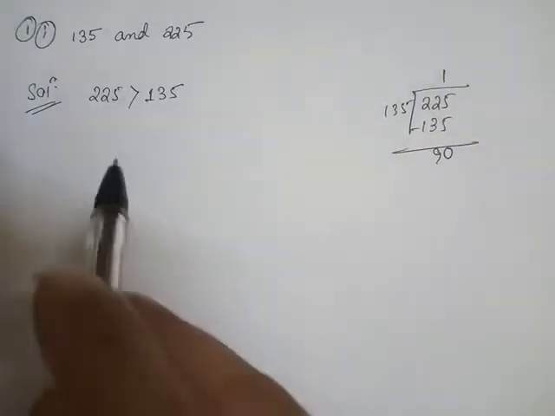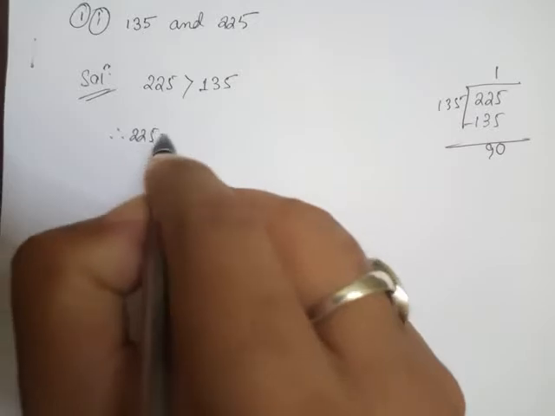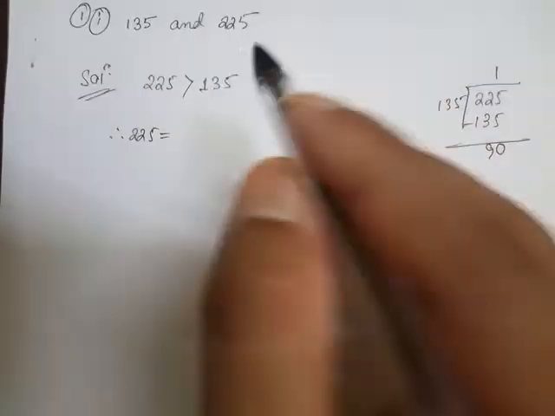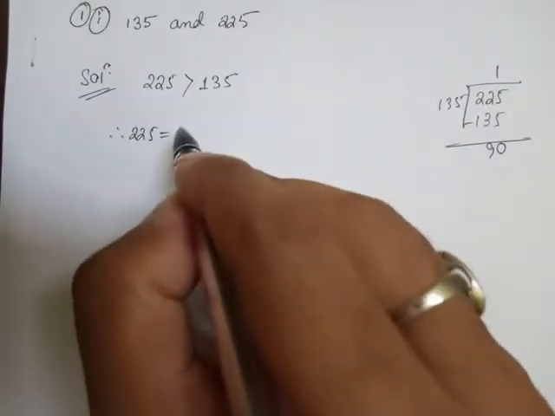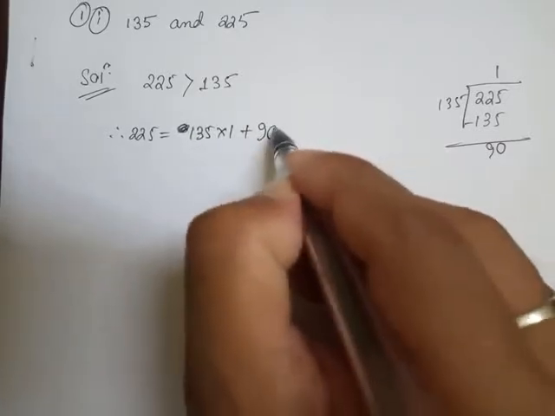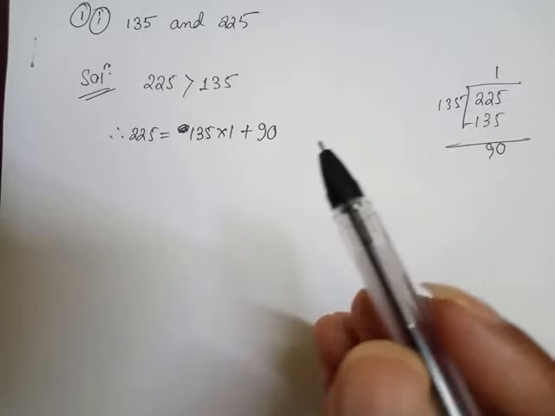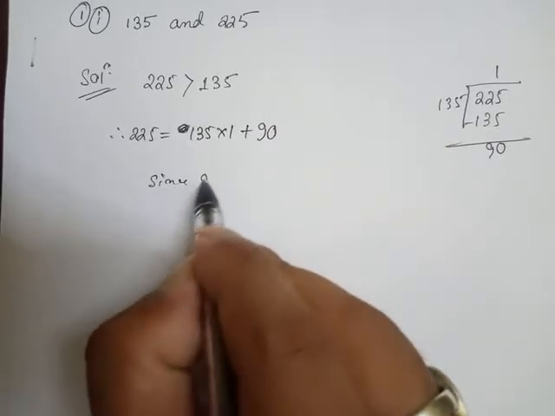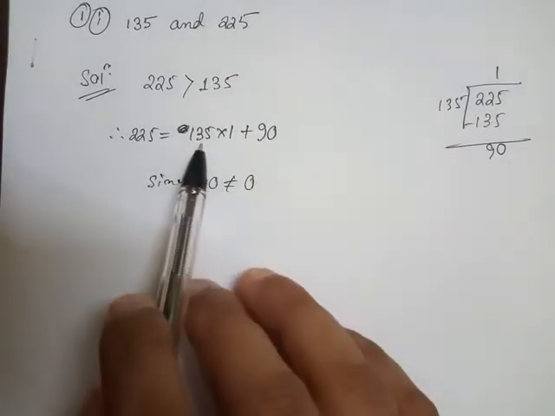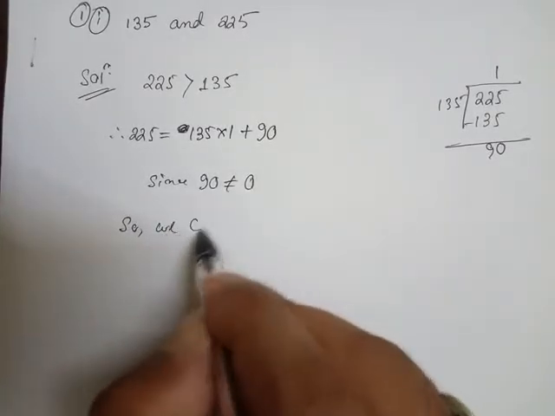Now in the next step, I will write therefore 225 equals 135 into 1 plus 90, where the quotient is 1, the remainder is 90, and 135 is the divisor. Now since the remainder 90 is not equal to 0, again we'll go for further division with 135 and 90.